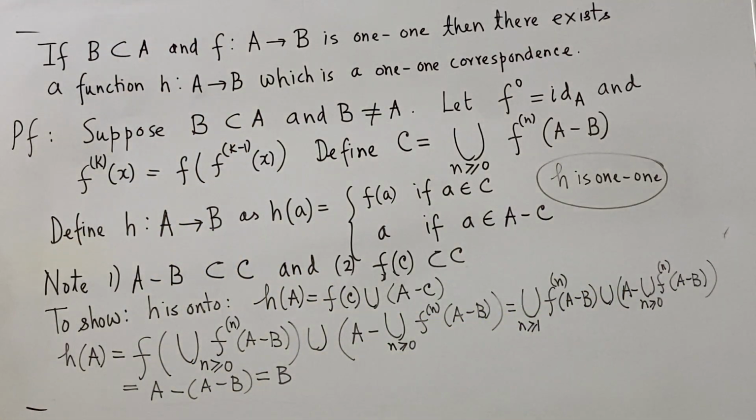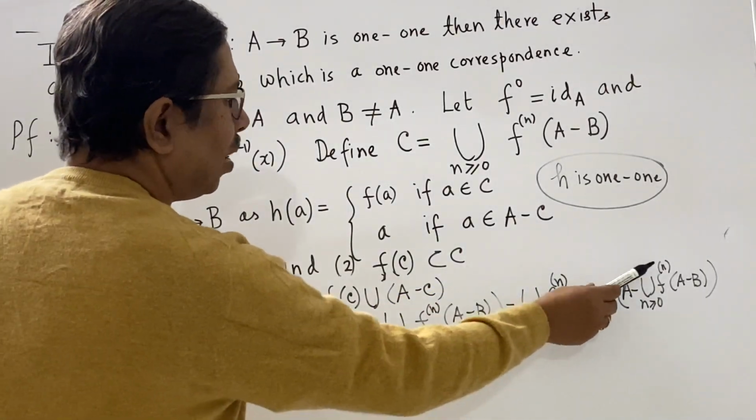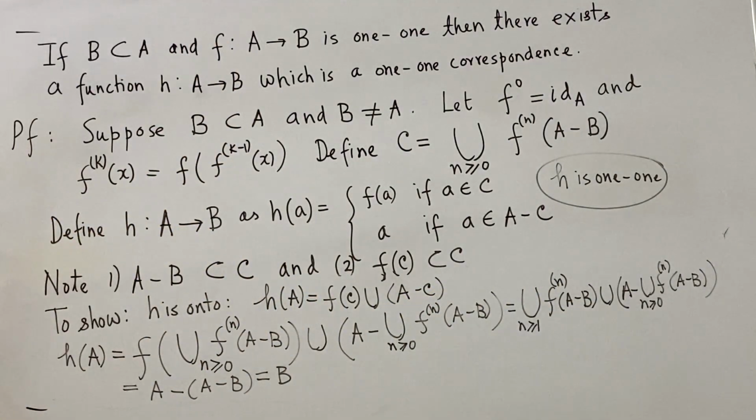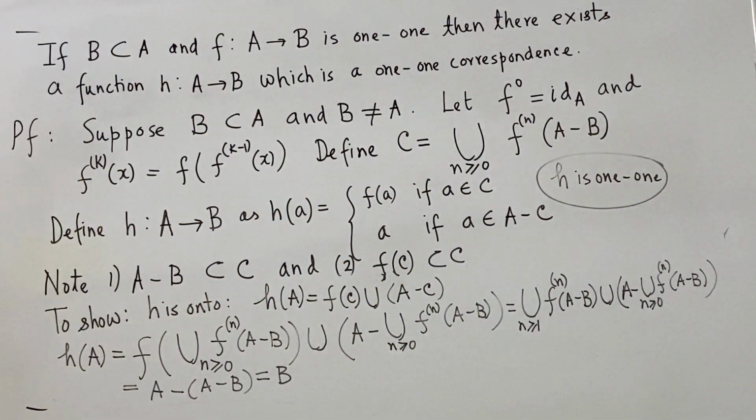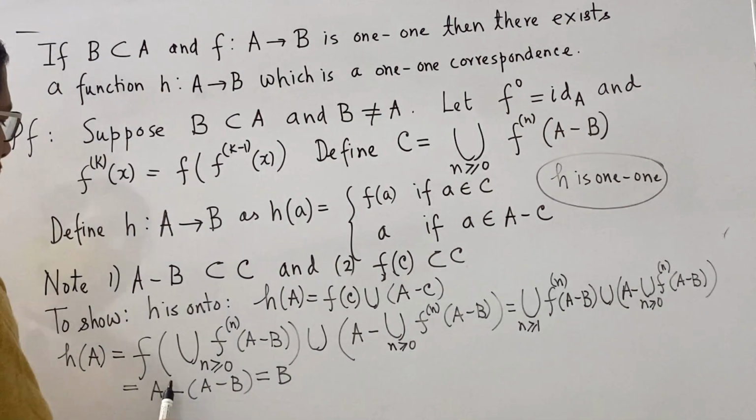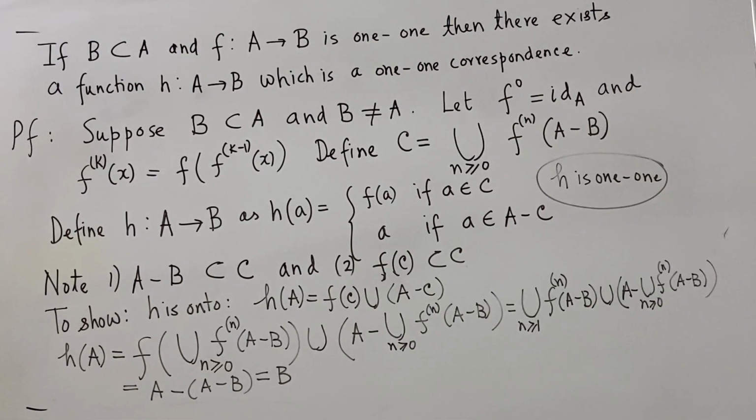Now if you look at this, you see that this contains all terms except the first one, that is for the term n equal to 0, and we note that f^0 we had defined as ID_A, the identity function on A. So therefore f^0(A minus B) is A minus B. So what we have now is A minus B, and that is exactly the set B. So we have shown that H(A) is equal to B, and that is, H is onto.